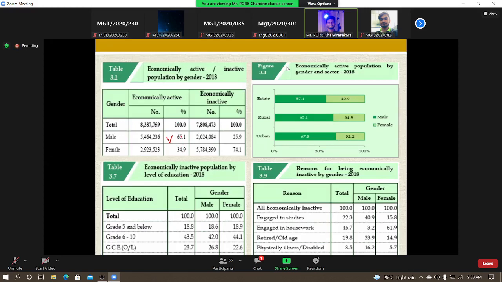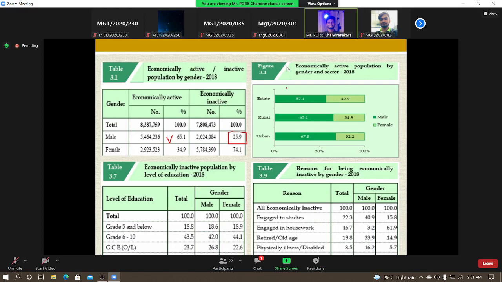The reverse of this is economically inactive. When we take 100, 65 are working, 25 are not working. And 74.1 is economically inactive.